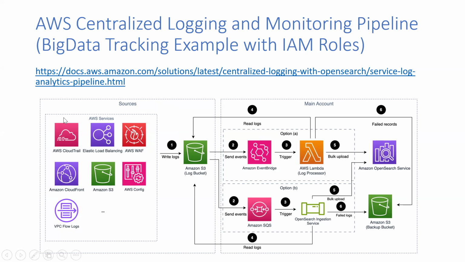As we can see here, there are multiple AWS services performing centralized logging into an Amazon S3 bucket, triggering the required events and doing whatever is required to ensure end-to-end tracking of where the data is moving from and where it is moving to.